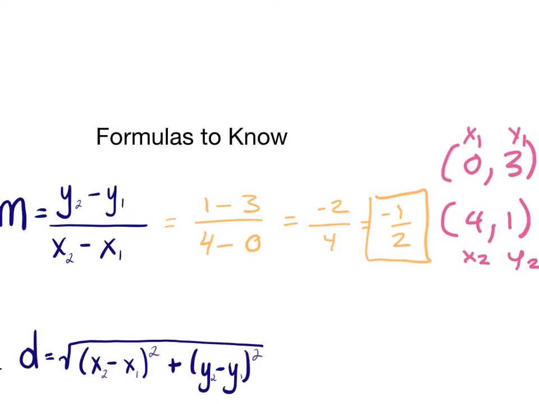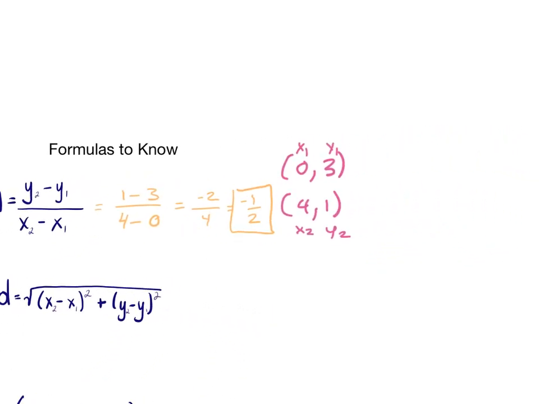If we graph these 2 points, we'll be able to see that this line that connects them is decreasing because our slope is negative. So if we go 0, 3, so we go up 3, our first point would be there.